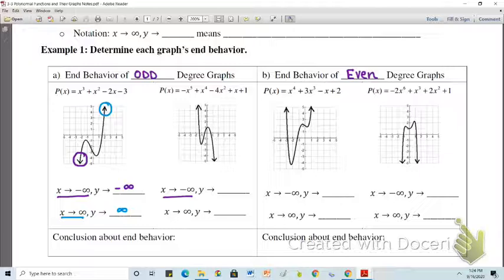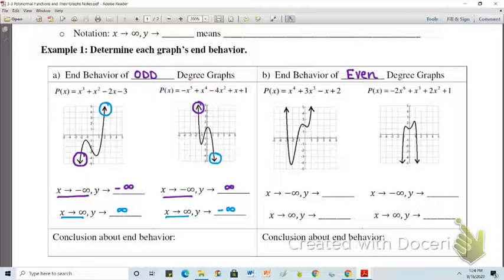Here I have x goes to negative infinity, so that's the left side of the graph. What is that telling me? It's telling me y is going to infinity. And now if I look at x goes to infinity, what is the right side of the graph doing? It's going down, so y is going to negative infinity. So what can I conclude about their behaviors?